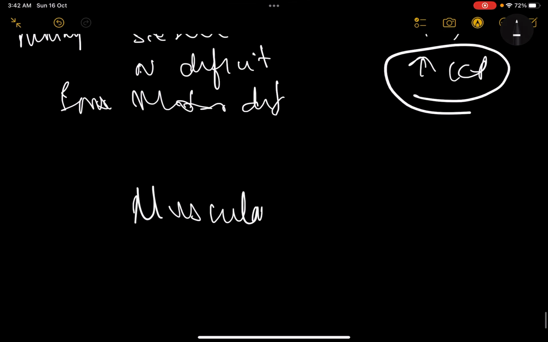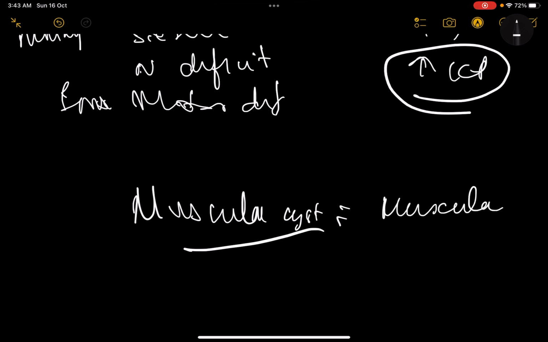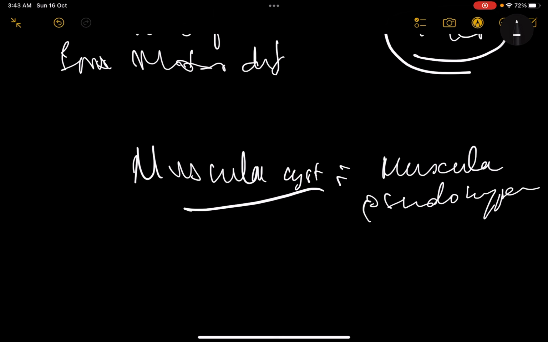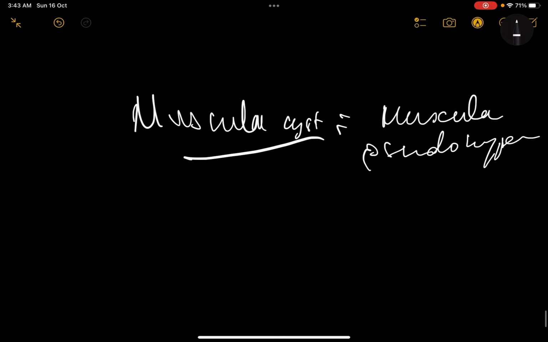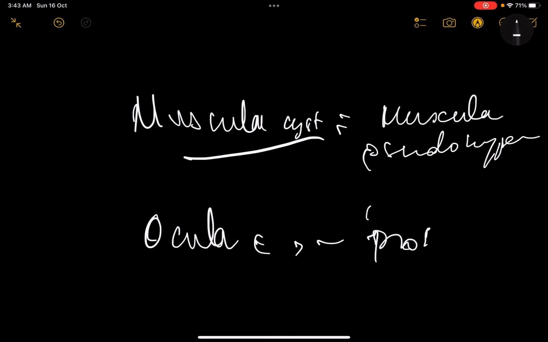What other thing can actually occur? Muscular cysticercosis can occur. There you will have muscular pain, you'll have pseudohypertrophy. That's important. Apart from that, you can have ocular cysticercosis, where there'll be nodules, and those nodules could be present in either the sclera or conjunctiva.